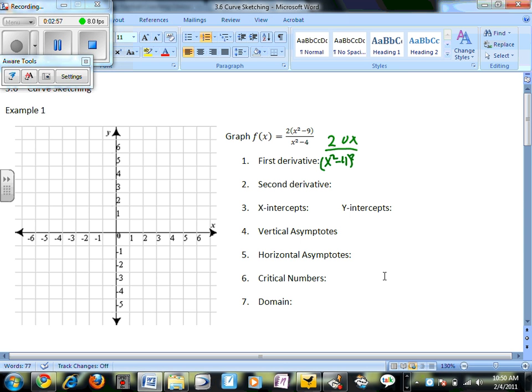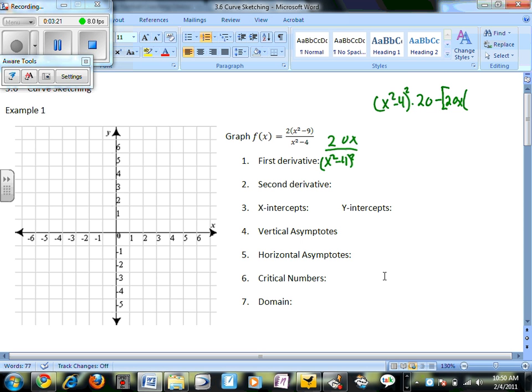Well, we need to find the second derivative, which means we need to take the derivative of the derivative. So we're going to have to do the quotient rule again. Bring up the bottom, x squared minus 4 squared, times the derivative of the top, which is 20, minus, then you keep the top, 20x, times the derivative of the bottom. We have to do the chain rule on the bottom.